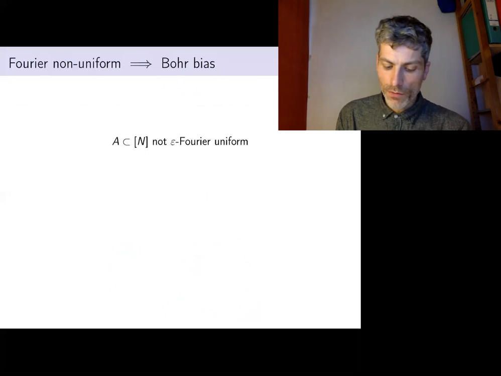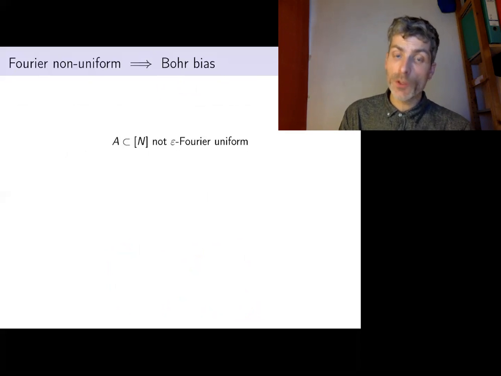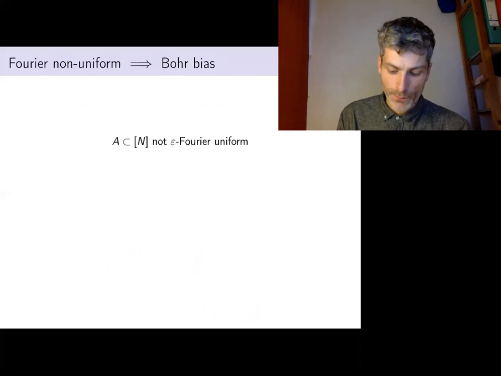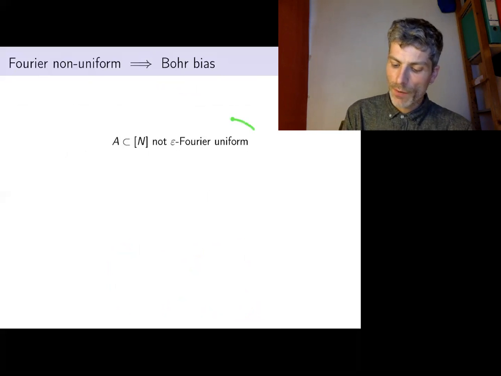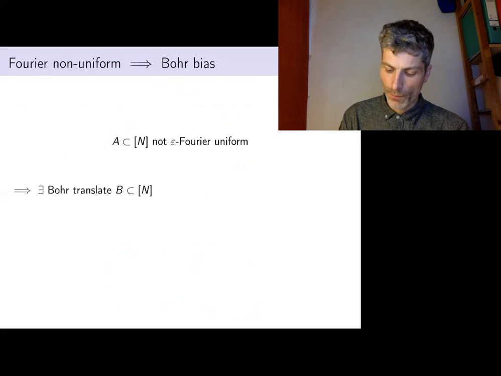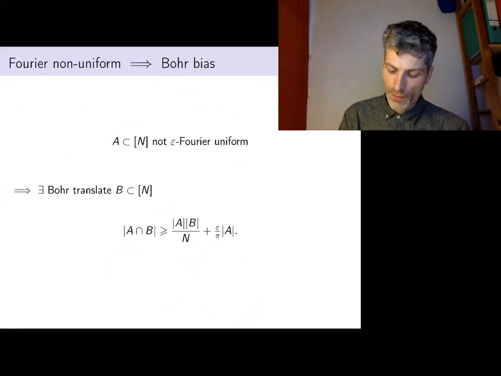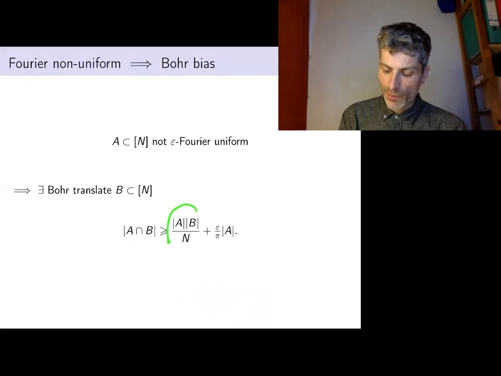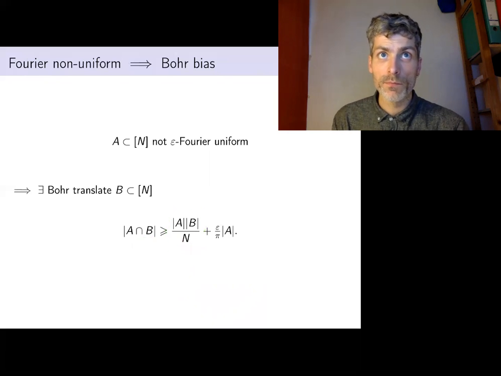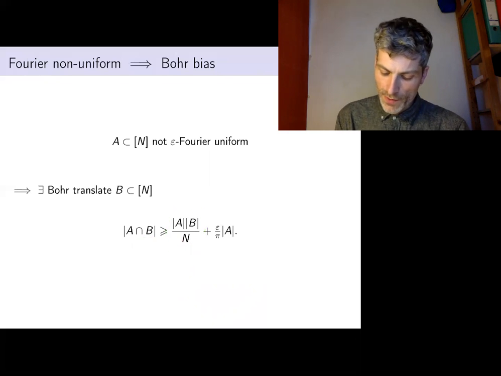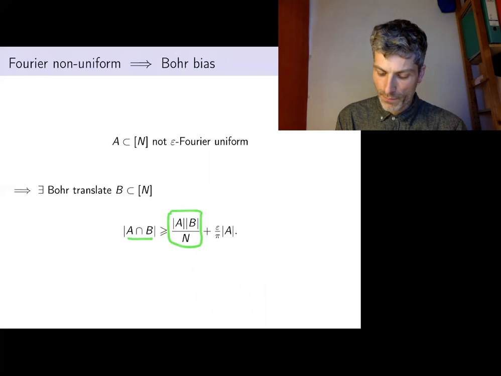If you're not Fourier uniform, then you do concentrate in a Bohr translate. We show in the notes that if you've got a set which is not epsilon Fourier uniform, then you can find a Bohr translate in your interval such that the intersection of your set with this Bohr translate is substantially bigger than what you'd expect from a random model. If this set was equidistributed in Bohr translates, you'd expect this intersection to always be around this number.